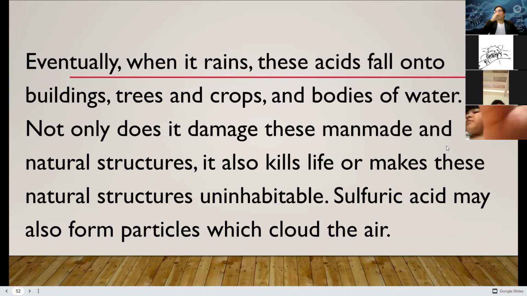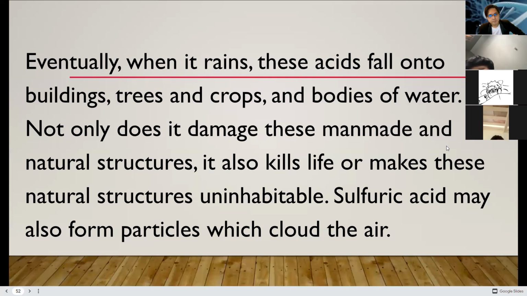Have you tried seeing a leaf affected by acid rain? What have you observed? For me, it just looked like a normal leaf. Okay. What else? Any other observations, other students?